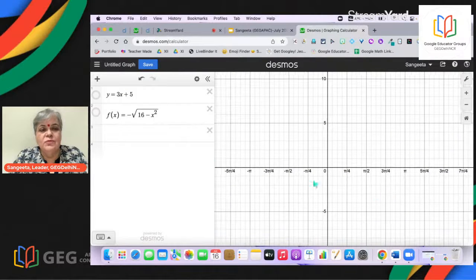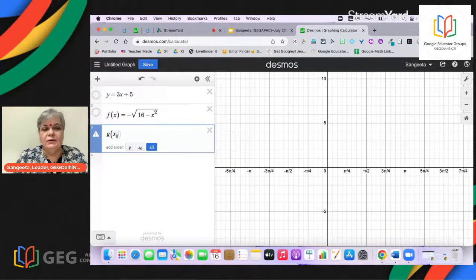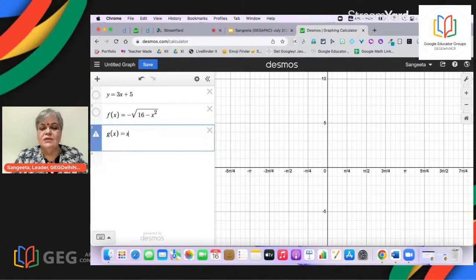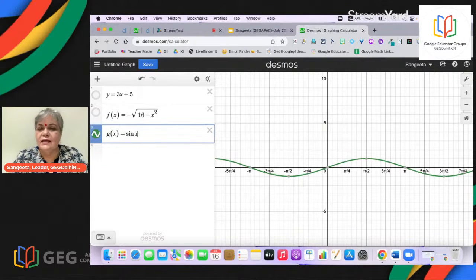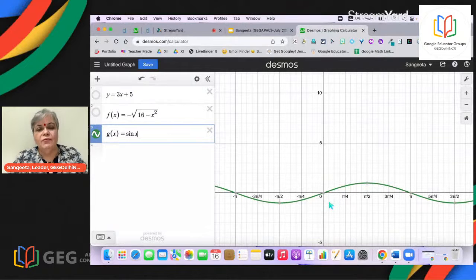Now, maybe we can do some explorations in trigonometric functions. So suppose I type in g of x. Remember, I did take f of x earlier, so I'm not taking g of x. So I can take g of x to be sine x. So you're looking at a possibility of that graph coming in because I've taken pi by 4 as a scale. So it's kind of looking a little stretched.